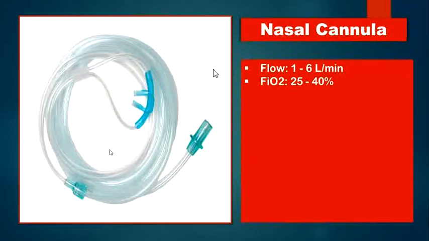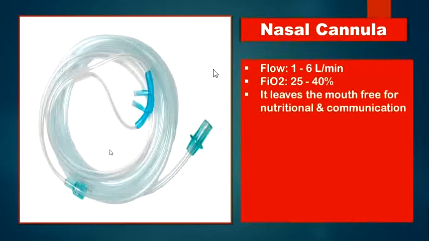So the flow rate is not more than 6 and the concentration is not more than 40%. But the advantage of using nasal cannula is that it leaves the mouth free for nutritional purposes and for communication. So this is something superior to the use of face masks, especially in the pediatric age group.